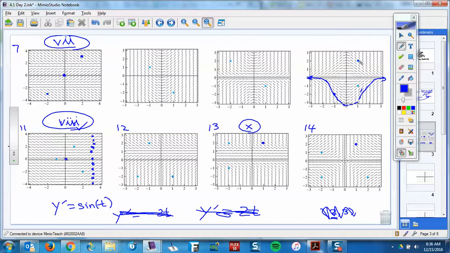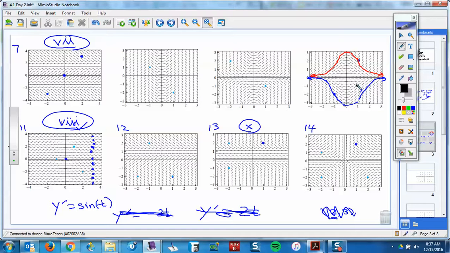But if we were starting at this one, let me do that in red. If this was my initial condition, then it would be down here, it would be this branch, it'd be up here. Then it's coming up here, it looks like it's leveling, and then it's coming back down. I'm just following those lines, and it looks like something like that. Okay, let's do black for this one.